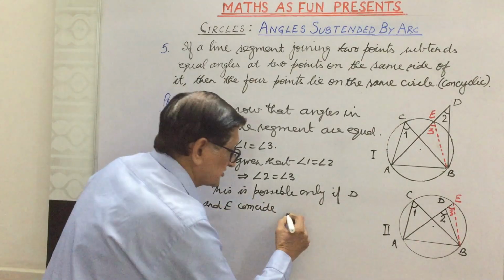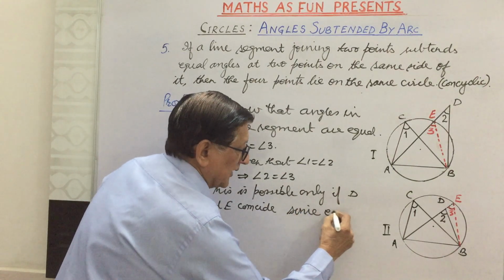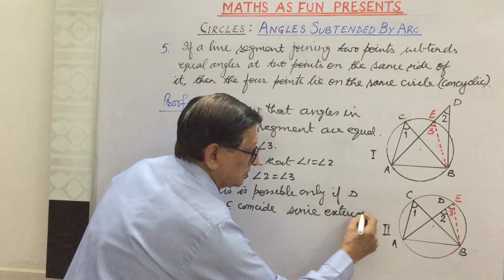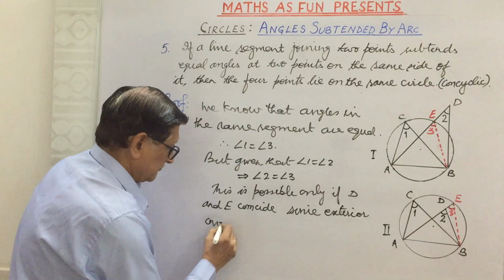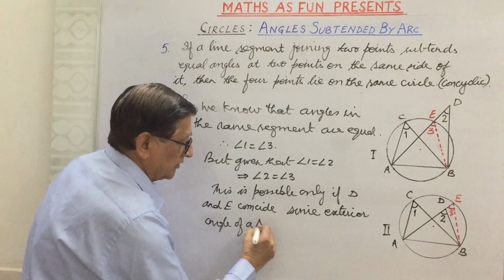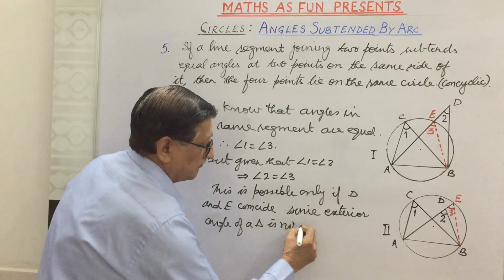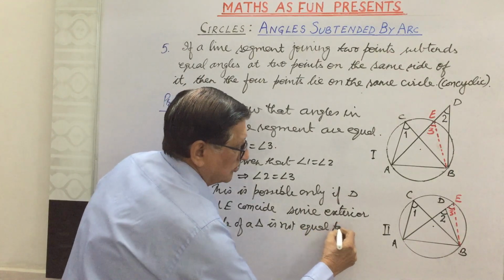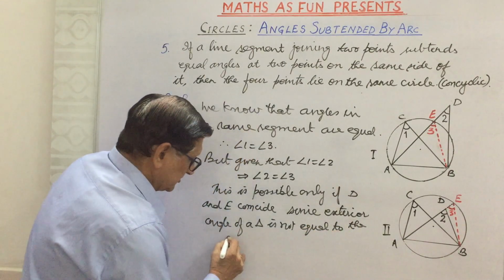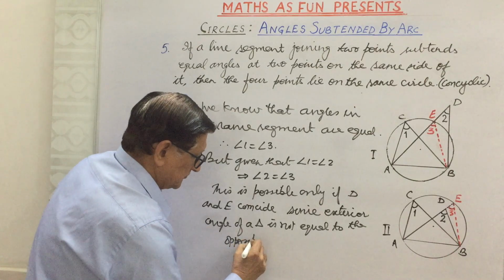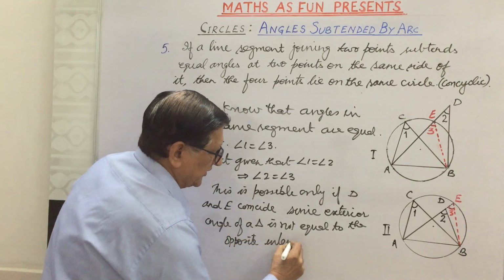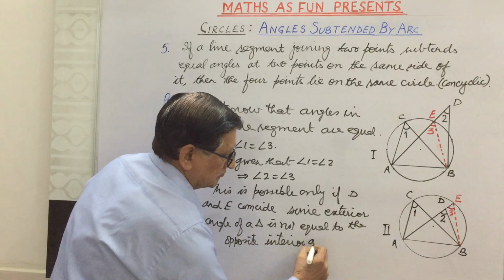Why? Since exterior angle of a triangle is not equal to the opposite interior angles.